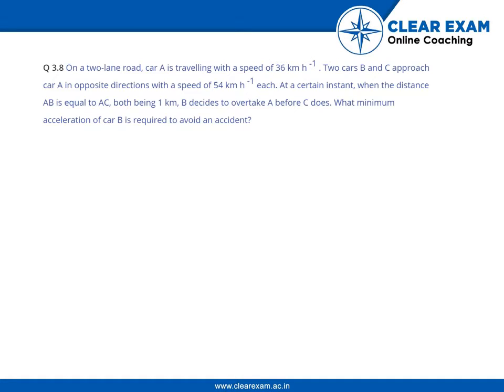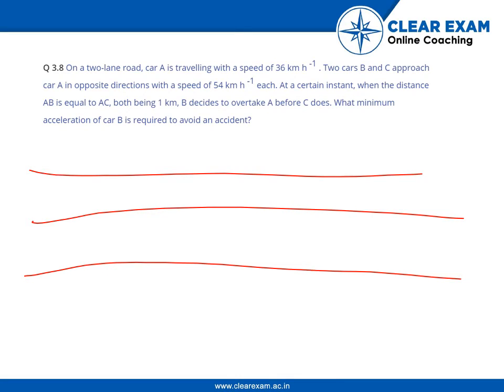Let us understand the context first. Suppose this is a two-lane road and this is car A. It is given that car B and C are running in different directions. Suppose this is a car and this is another car.